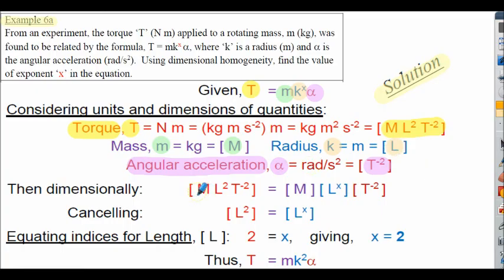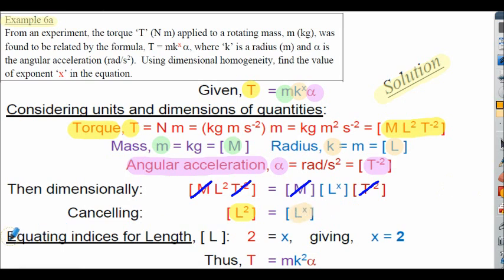Now again, we simply insert the dimensions into the above equation for torque, for mass, for radius of gyration to the power of x, and for alpha. Mass on the left hand side cancels with mass on the right hand side, T to negative 2 on the left hand side cancels with T to negative 2 on the right hand side. So we're left with L squared on the left hand side equals L to the x on the right hand side.